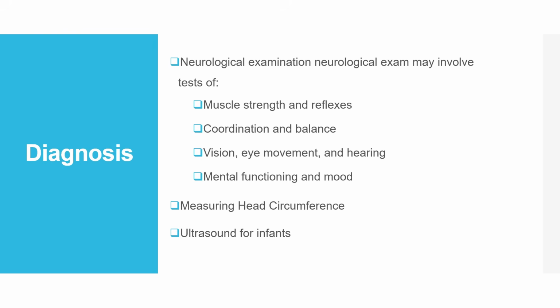Examination includes muscle strength, reflexes, coordination, balance, eye movement, hearing, vision, and mental functioning. We can also measure the head circumference of the baby; if it is increasing, that also suggests hydrocephalus. Ultrasound and X-rays are useful in infants.